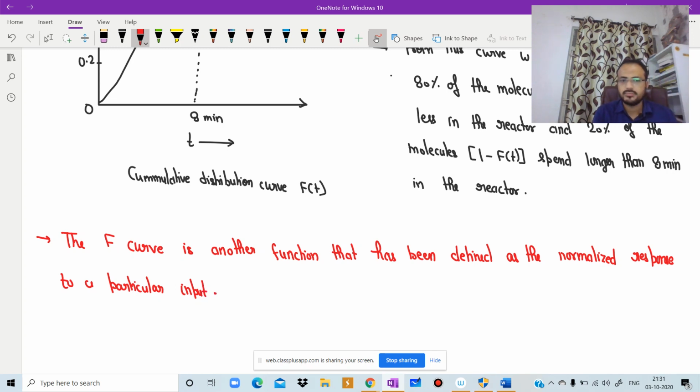Please note down up to this point. C curve is there, F curve is there.